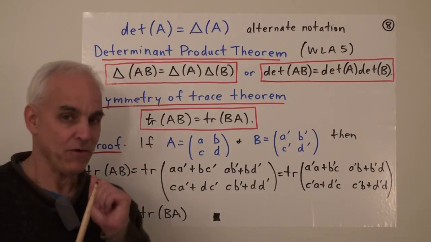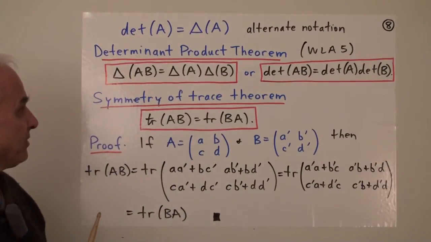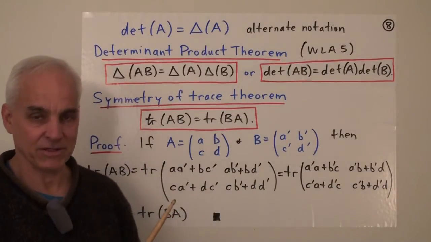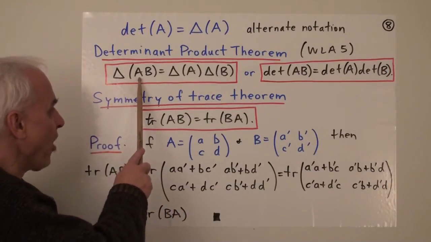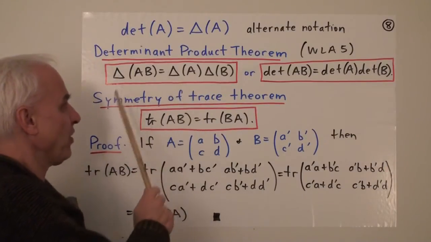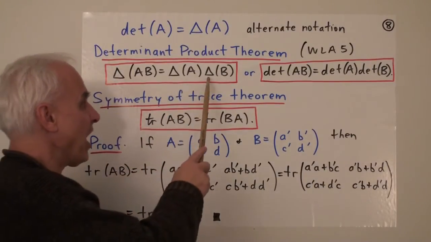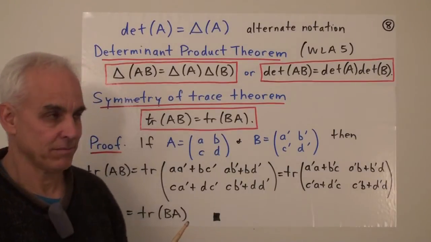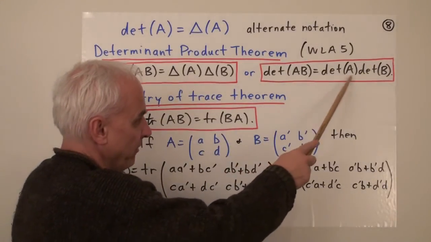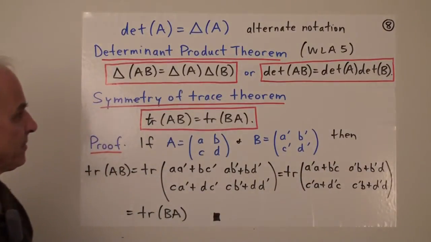And let me remind you of the most important fact about the determinant. Its multiplicative aspect. That the determinant of a product of two matrices A times B is the product of the determinant of A times the determinant of B. Or in this language, det(AB) equals det(A) times det(B).